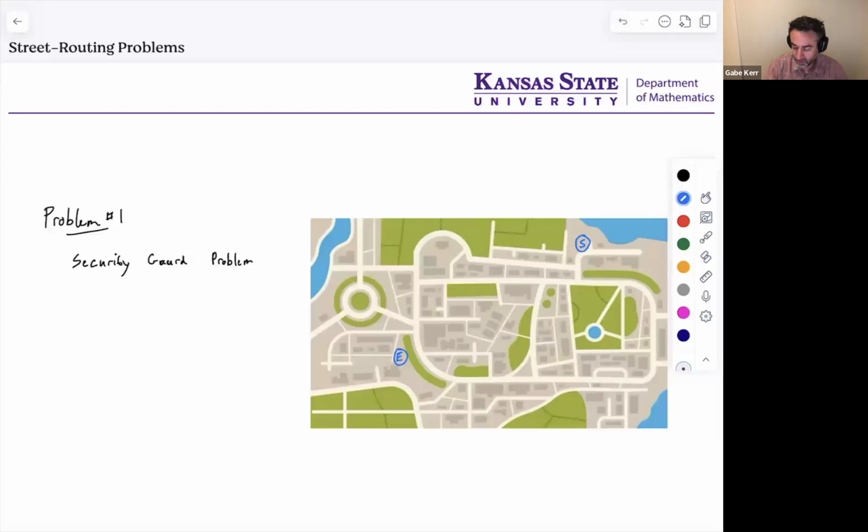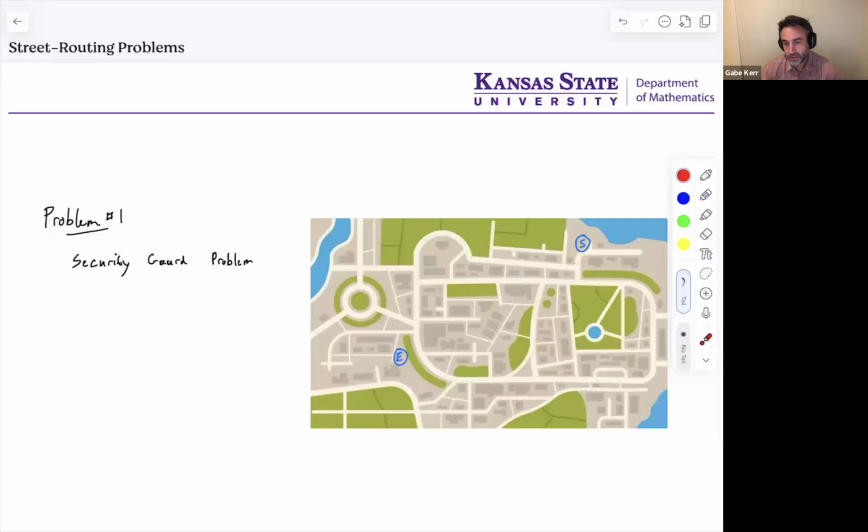The security guard wants to walk and check every block, but doesn't want to walk up and down the same block, and wants to cover as much territory as he or she can. If they did something like this, they'd have to walk over their prior steps.